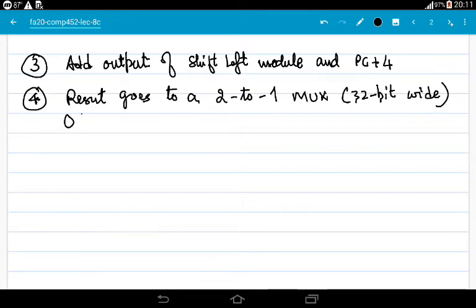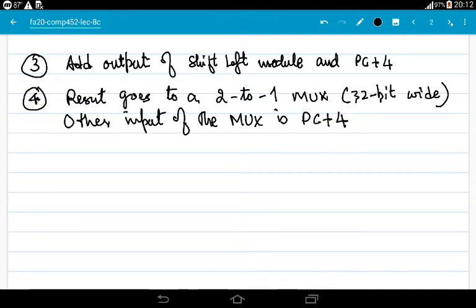The other input of the mux is PC plus 4.